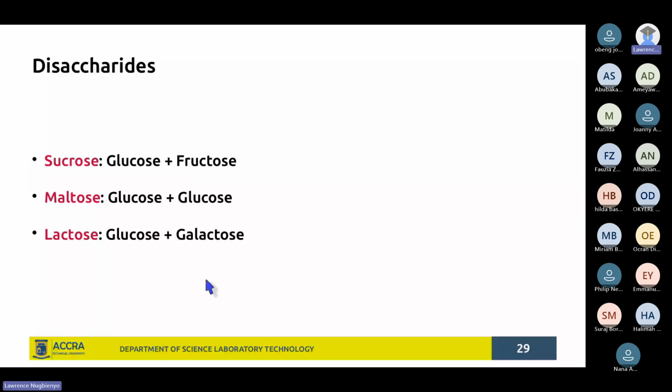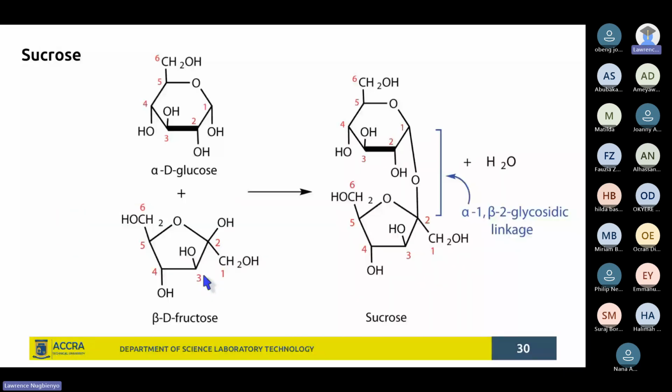So let's look at the structures of these disaccharides.